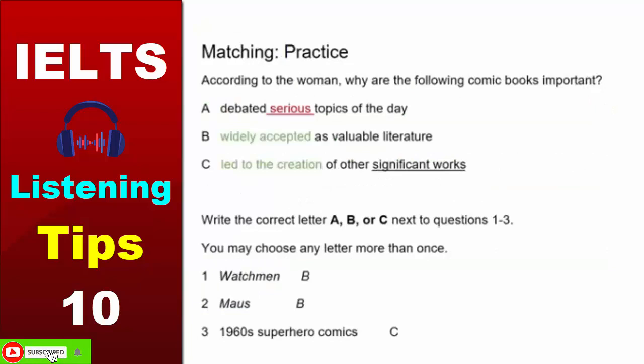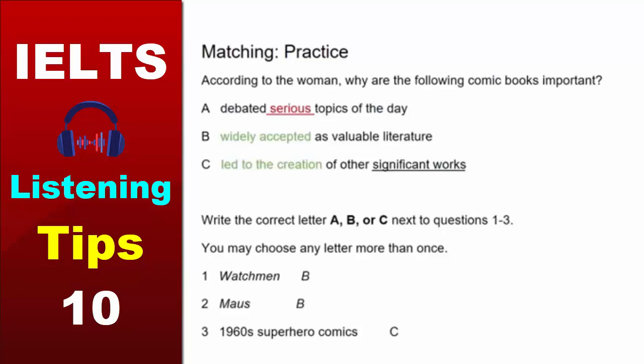Let's just look at them. We've already said that 1 and 2 are B, and answer choice C is correct for the third one, because precursors means the same thing, or paraphrases the idea that these 1960s superhero comics led to the creation of other significant works. Okay, so these were precursors to those more serious literary works that the woman was talking about.